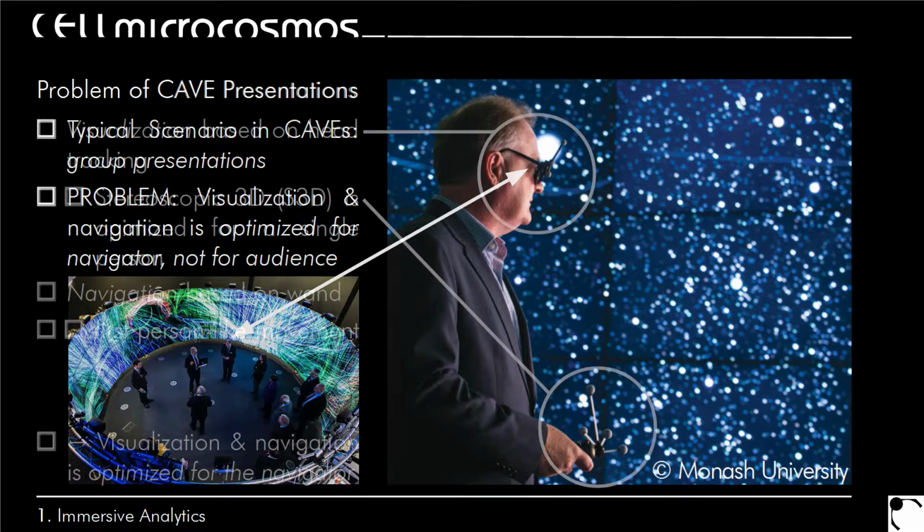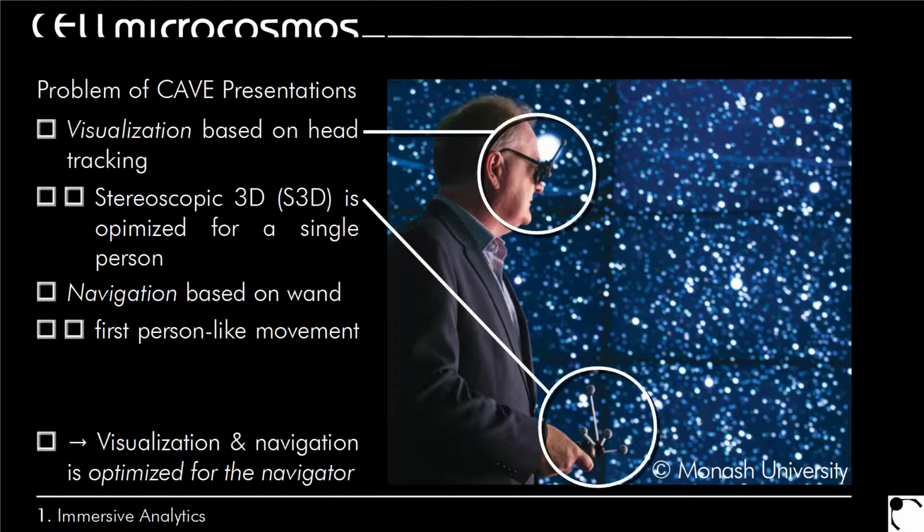Looking at the navigation, the visualization is optimized for the navigator, which means we use head tracking, especially for stereoscopic visualization, to optimize the eye distance and the projection matrix. In addition, the perspective is changed. If the navigator or presenter moves inside the cell and inside this virtual environment, the perspective changes too. This is very nice for the presenter, no question. This is perfect. But what about the audience? The audience is at a fixed position, and it's not really what they expect.